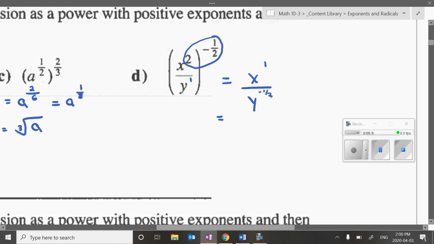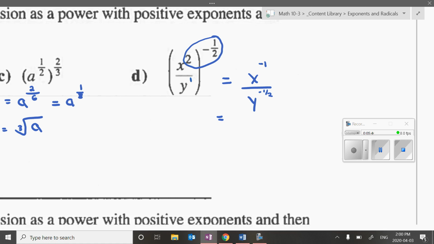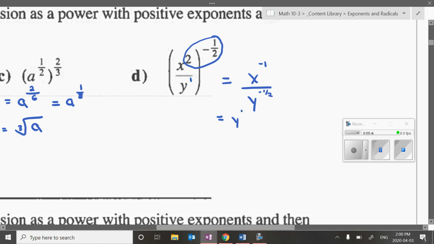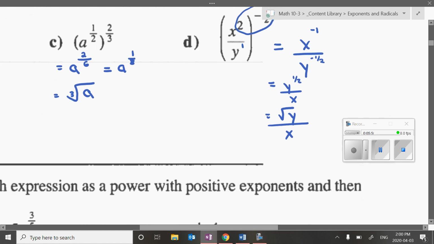So now because of this, sorry, this is going to be negative 1. 2 times negative a half is negative 1. So now I'm going to flip both of those so to get rid of those negatives. So I get y to the power of a half over x, which then gives me the square root of y over x for your final answer.